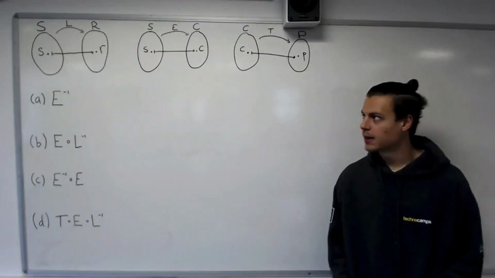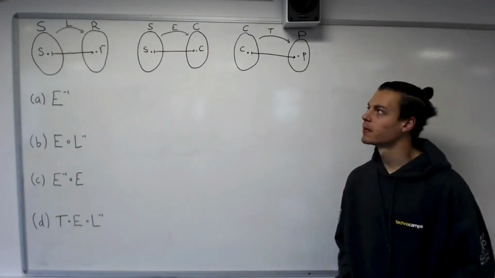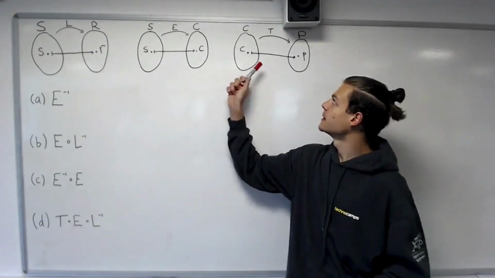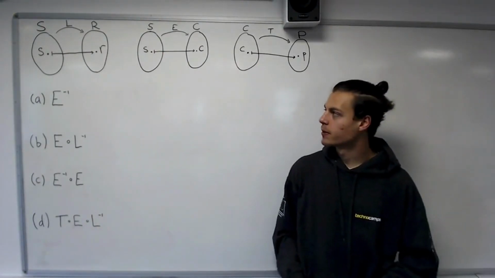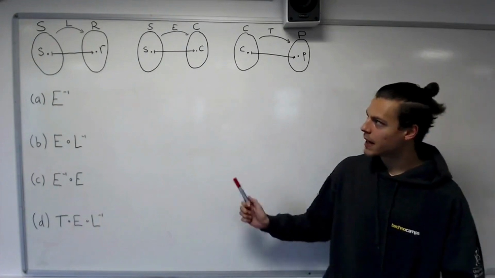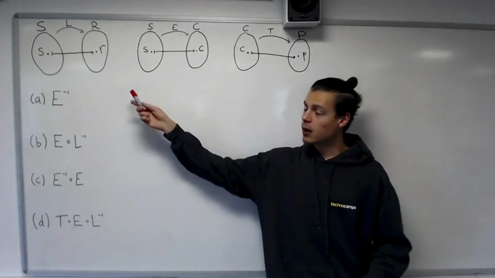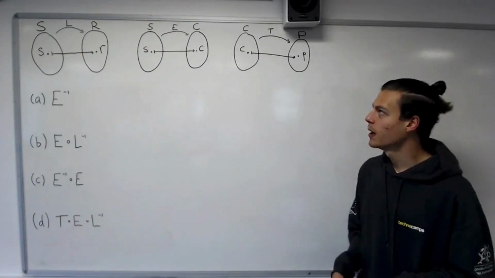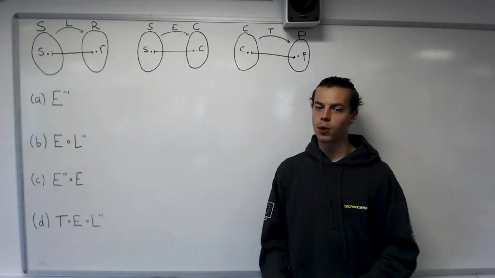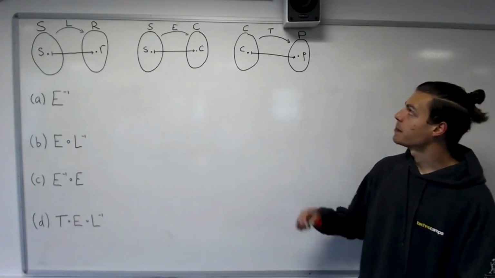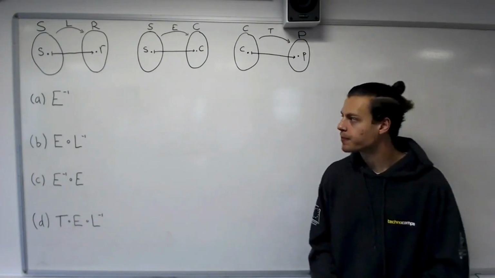In this exercise, we have three relations, L, E, and T, defined on four sets: the set S of students, the set R of student rooms, the set C of courses, and the set P of professors.